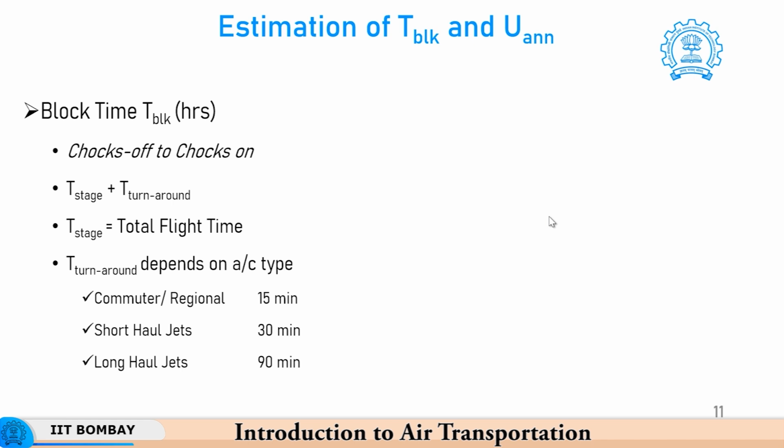But when we have short haul jets, for example a typical aircraft like Airbus A320 or Boeing 737, the time between one arrival and the next departure could be of the order of around 30 minutes. But when we look at long haul jets such as Airbus A300, A310 or Boeing 747, these are large aircraft. So, there we require a turnaround time of 90 minutes.